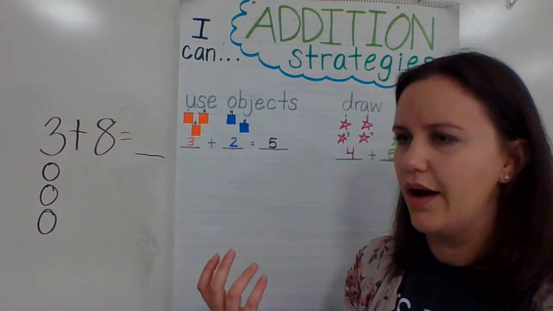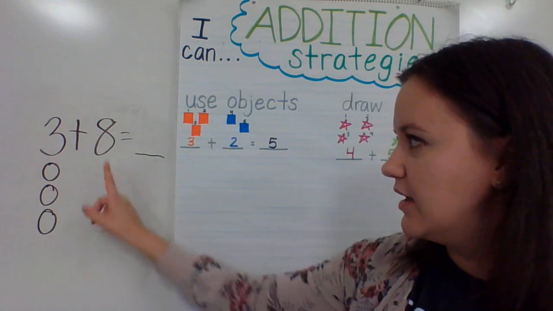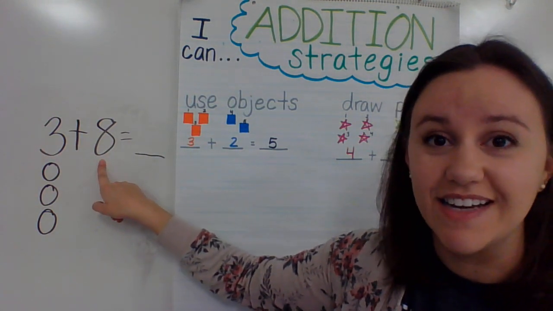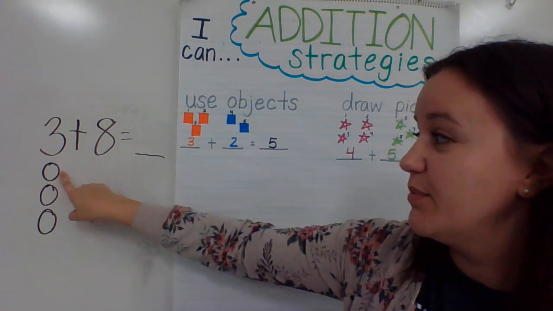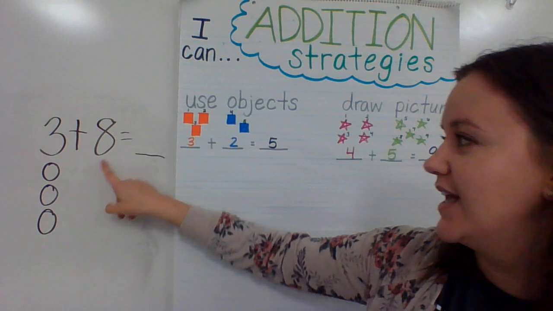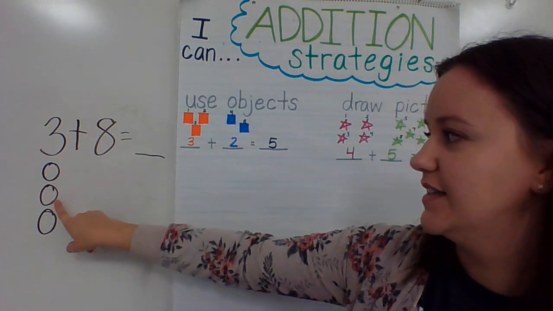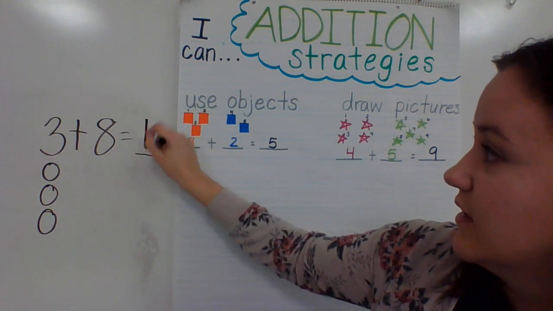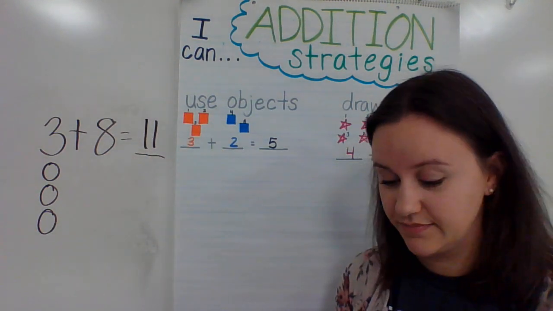But you're like, well, how am I going to know where to start counting if I don't draw my 8? Well, I can point to the number 8 and say its number, and then I keep counting as I count the other 3. So it would look like this: 8, 9, 10, 11. So 3 plus 8 equals 11.